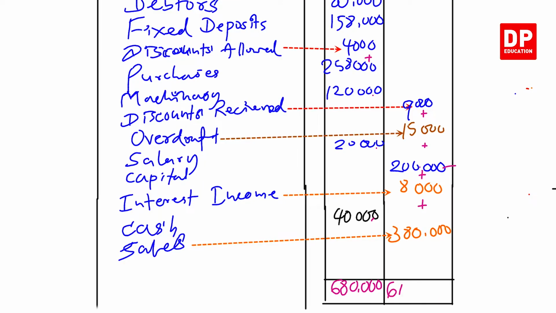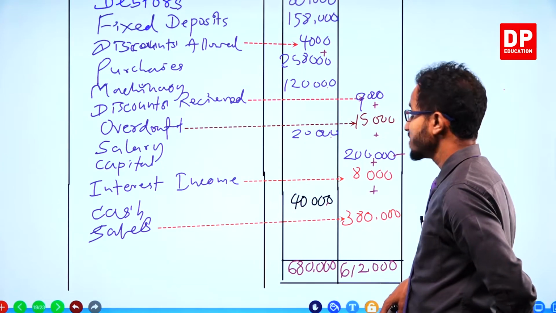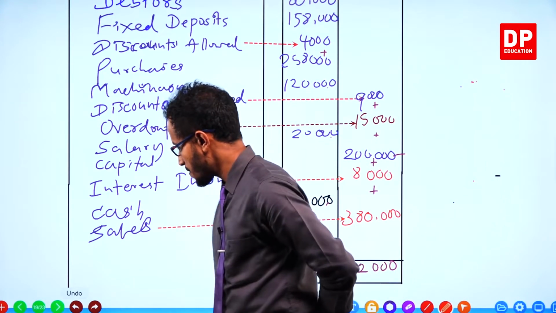We get 612 only in the credit side. Now, that is a problem.